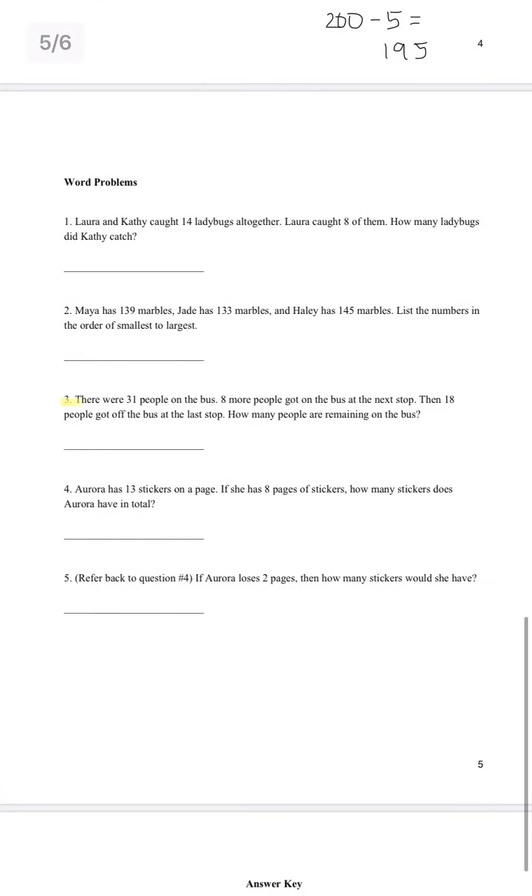And let's move on to our last worksheet page, word problems. So question number 3 says there were 31 people on a bus. 8 more people got on the bus at the next stop. Then 18 people got off the bus at the last stop. How many people are remaining on the bus?